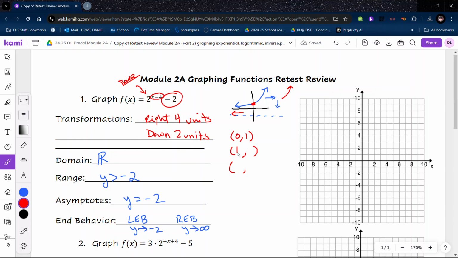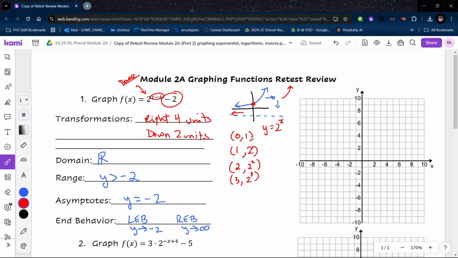If x is equal to 1, then I'm going to have my base. If x is equal to 2, I'm going to have my base to the second power. If x is equal to 3, I'm going to have my base to the third power.